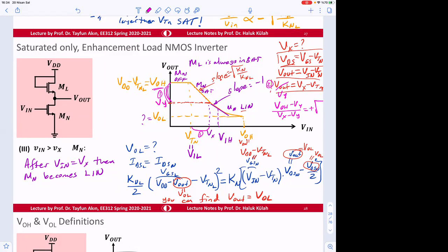Is going to be plus Kn divided by Knl. So this is equation 1 and then equation 2, and then we can find that Vx and Vy values.